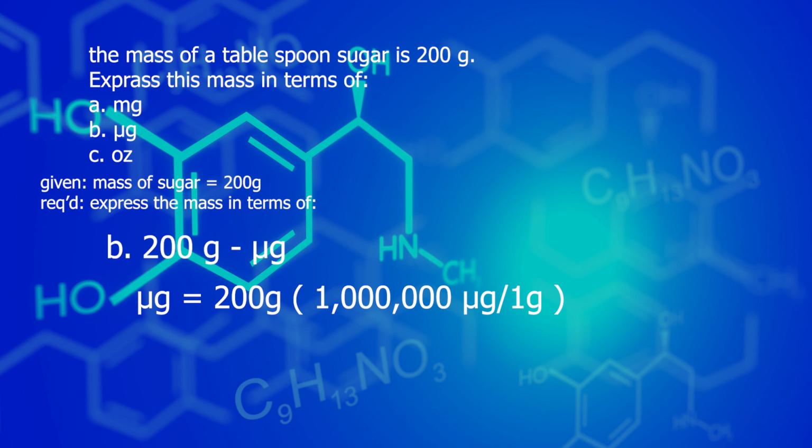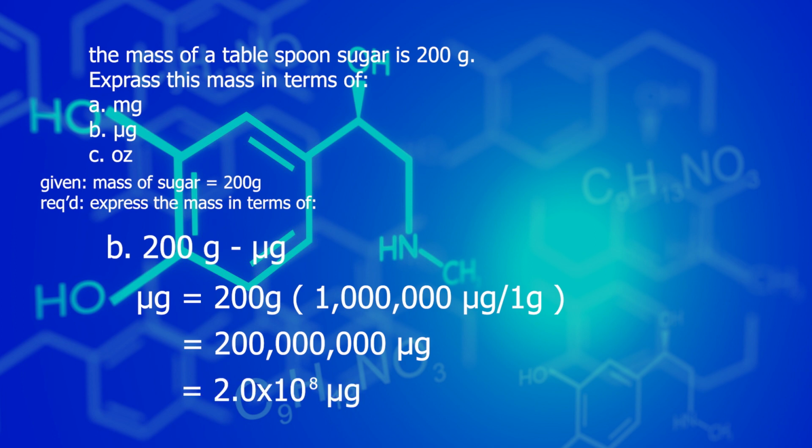So you can cancel out the gram unit, leaving the microgram unit. So the answer is 200 million micrograms. Or expressing it in terms of its scientific notation, it is 2 times 10 to the positive 8 micrograms.